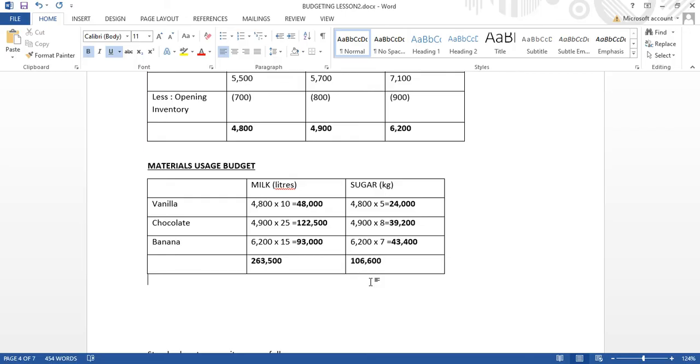Now we can go to our materials purchase budget, right? How much is it going to cost us to purchase these materials? Okay, materials purchase budget.